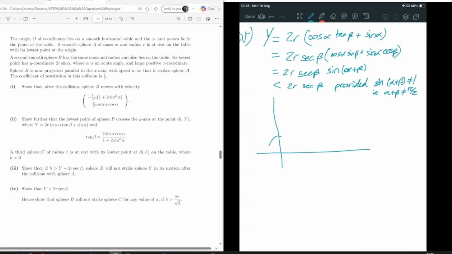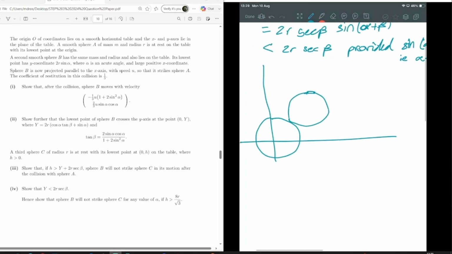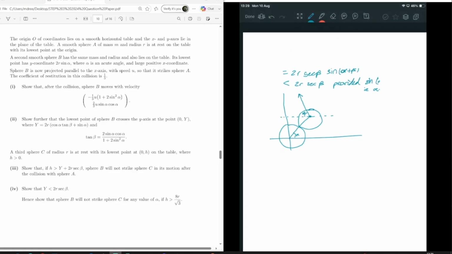The way I've thought is by looking back at our picture and actually finding where these angles are. So this is the line between the centers, and this angle is alpha, and then the final velocity of the object B is at an angle of beta.